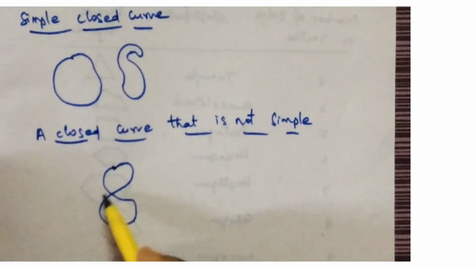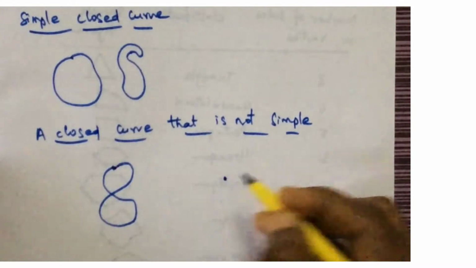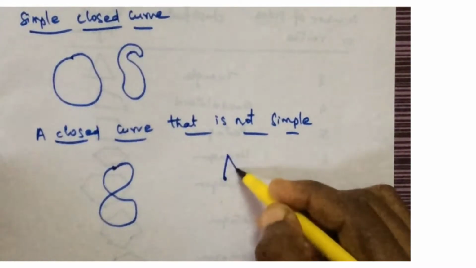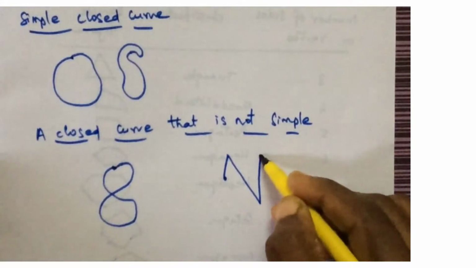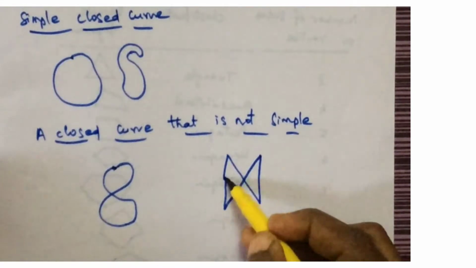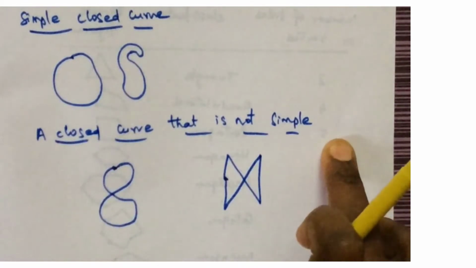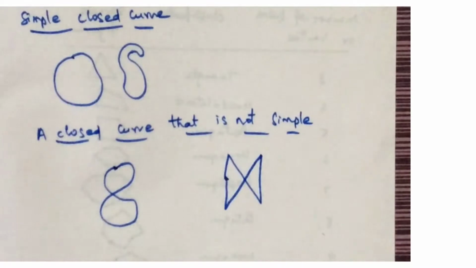But here there is an overlap, so this is an example of a closed curve that is not simple. For example, I am starting from here like this, coming here and ending at the same point, so it is a closed curve. Since there is an overlap here, it is not simple. So it is an example of a closed curve that is not simple.